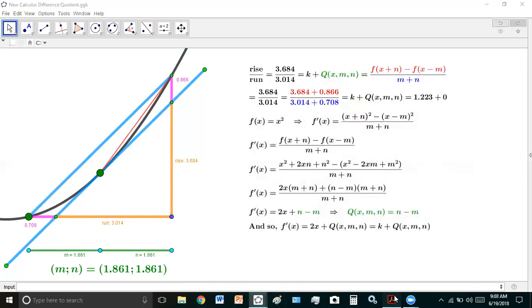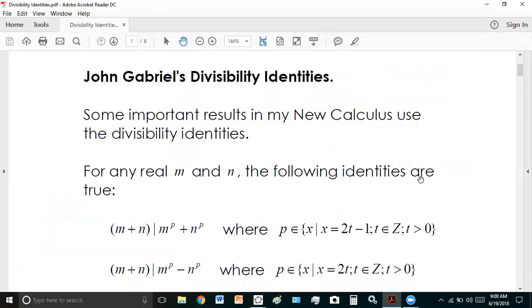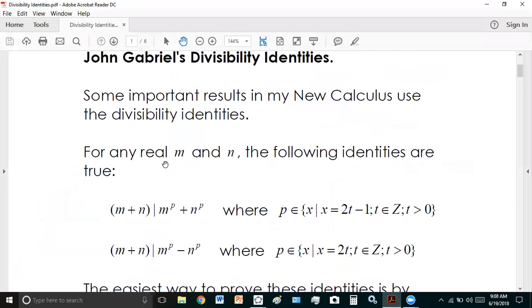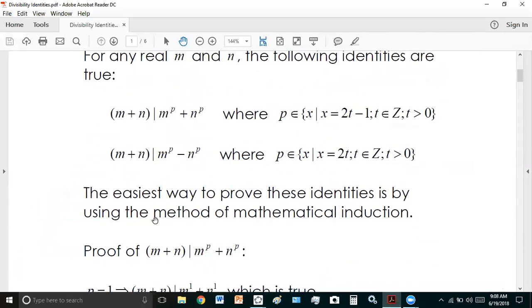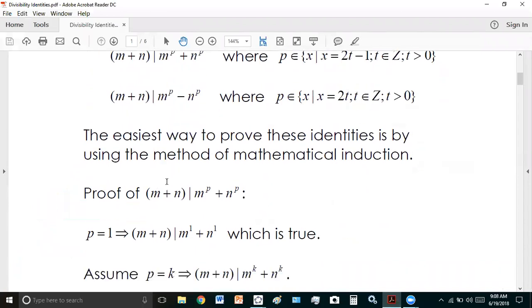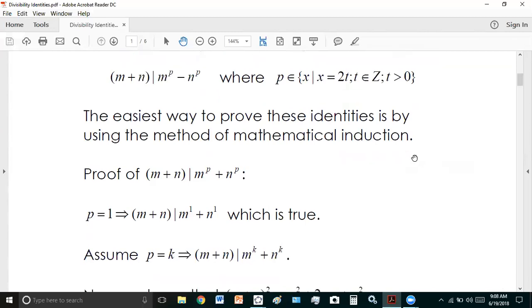And many years ago, I wrote this article called Divisibility Identities. I don't accept that there are real numbers. Real here means any magnitude or distance, okay? And so these following identities are true. And I prove these to you using two kinds of proofs, a proof by mathematical induction and a proof by construction, or constructive argument.